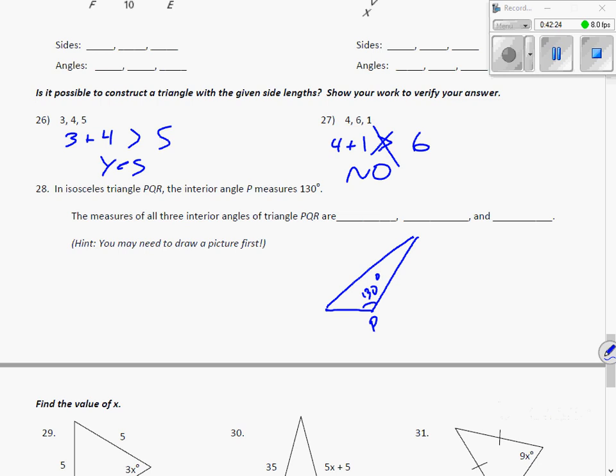Oh, it's isosceles. I got you. Let me draw it a little more isosceles. Any of those sides are the same. So if that's 130 degrees, I have 50 degrees left over. 25, 130, 25, and 25 gives me a total of 180.